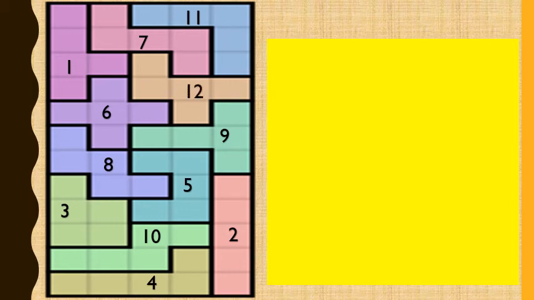This is one way to arrange all these 12 different shapes in a 5 by 12 rectangle. It is very surprising to note that there are more than 1000 ways to arrange these 12 different shapes in a 5 by 12 rectangle.